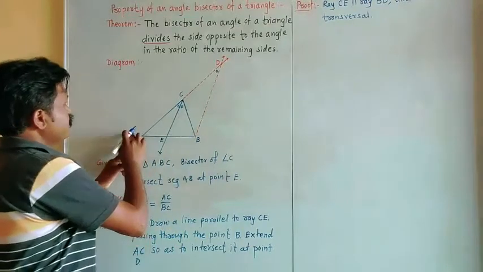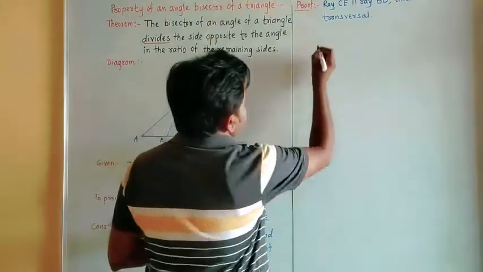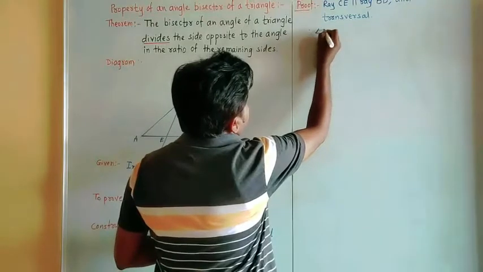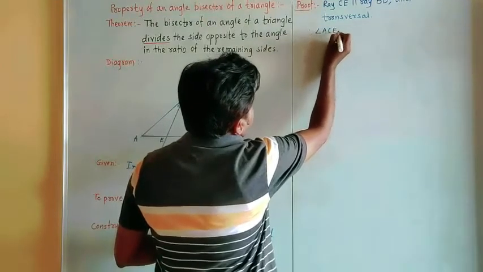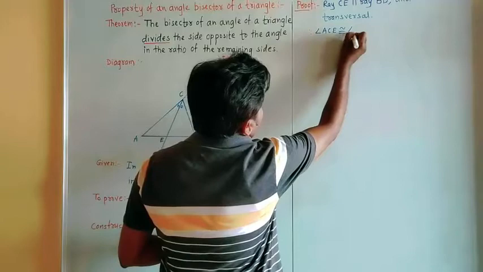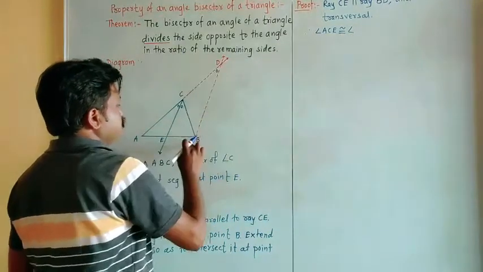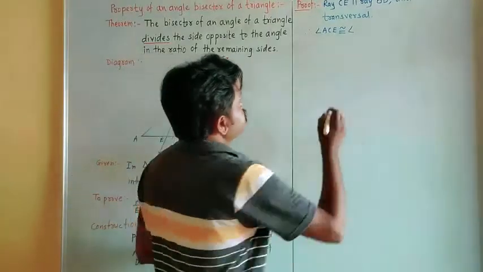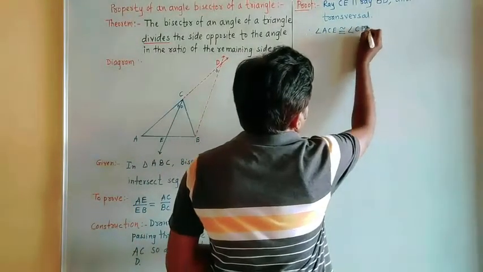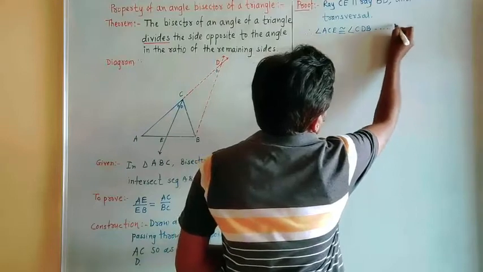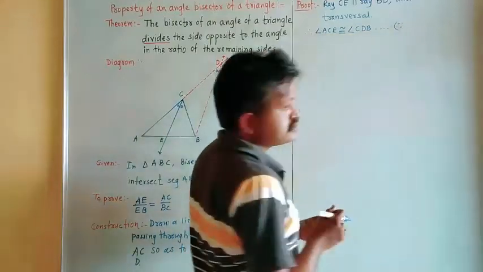So I write angle ACE is congruent to angle CDB. What is the reason?